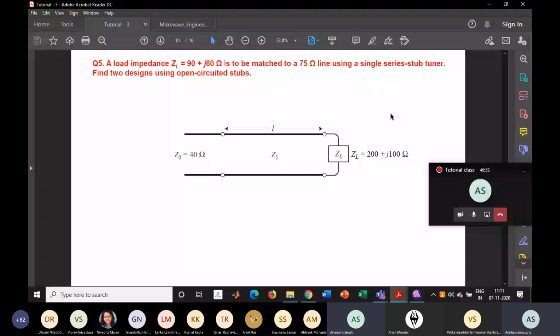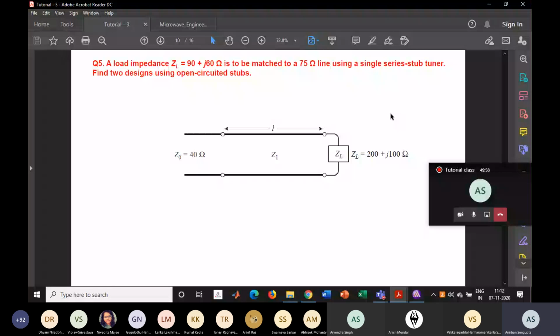Normally, if you find any Smith chart in the market, you will get the impedance and admittance charts in the same Smith chart. Otherwise, if you take this impedance Smith chart, then for the shunt stub case, you have to first draw the G equals 1 circle accurately.